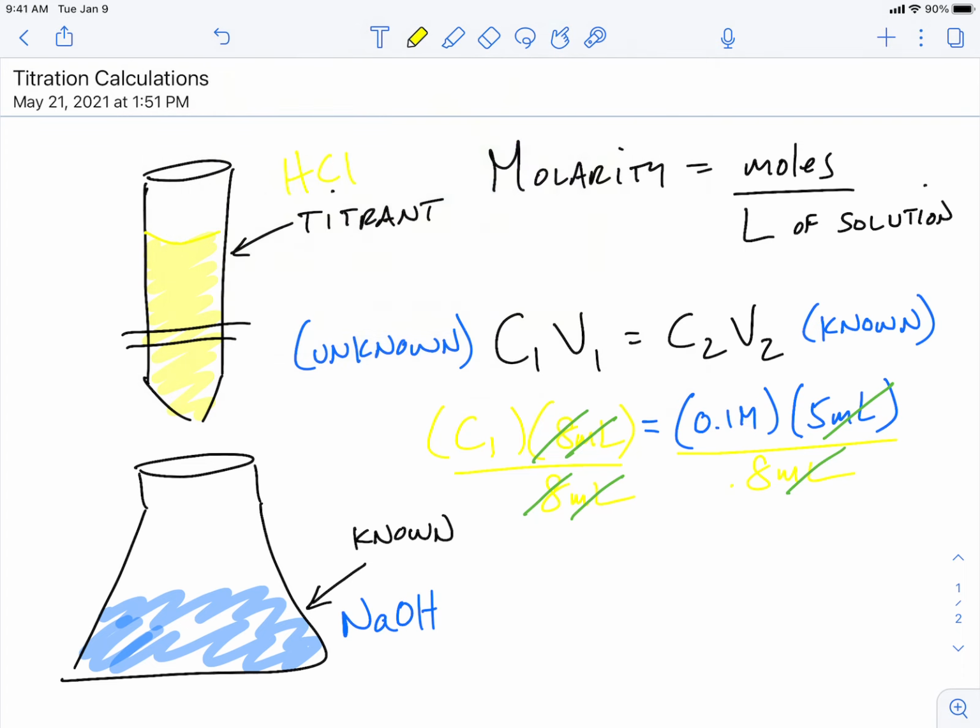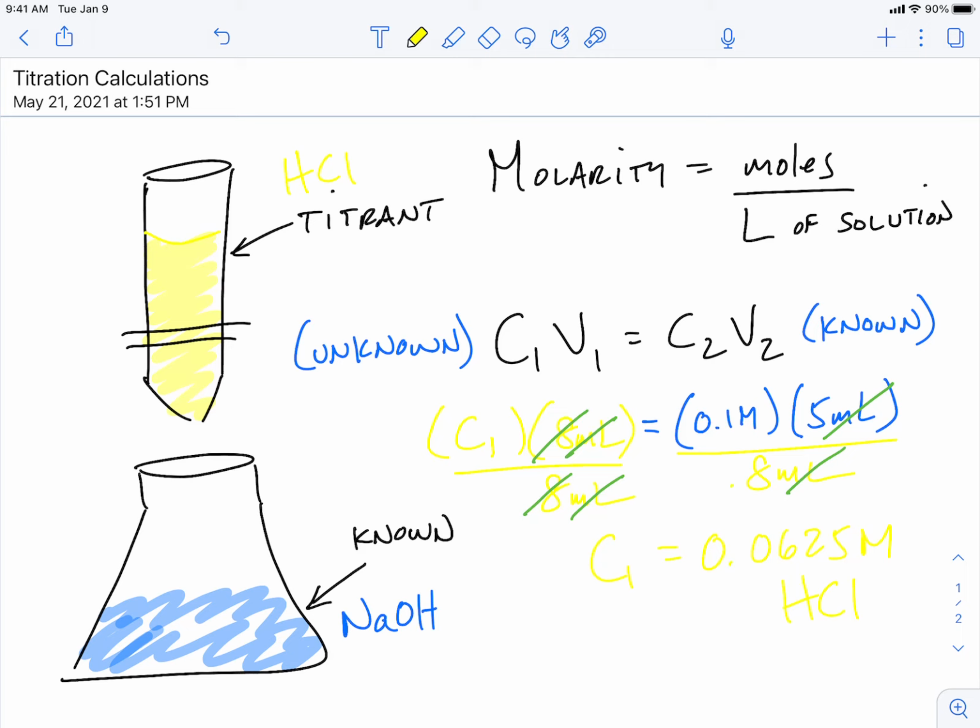What we're left with is solving for C1, which comes out to be 0.0625 molar. That would be the concentration of our hydrochloric acid, which we previously didn't know in our sample.